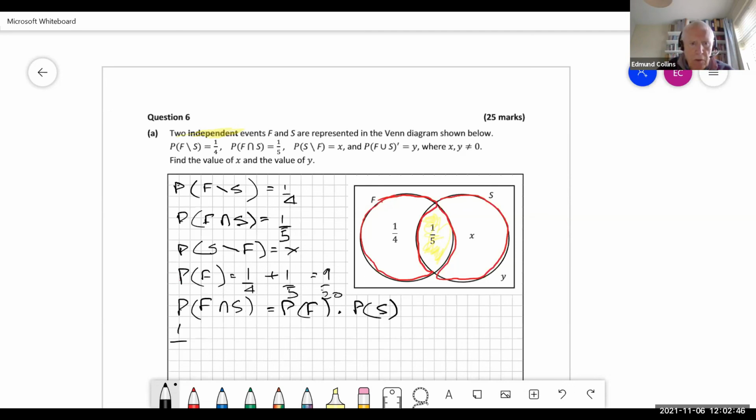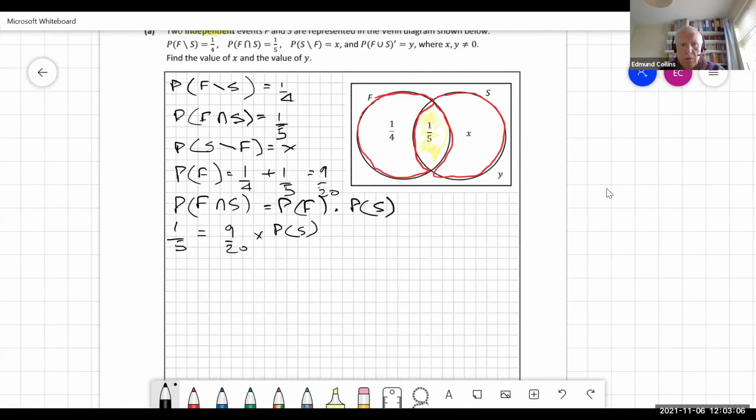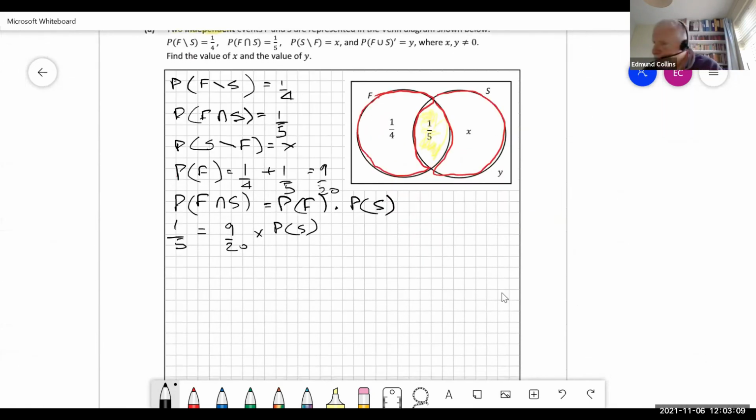So we can write a fifth equals the probability of F, which is 9/20, multiplied by the probability of S. So that implies the probability of S equals 20/45.